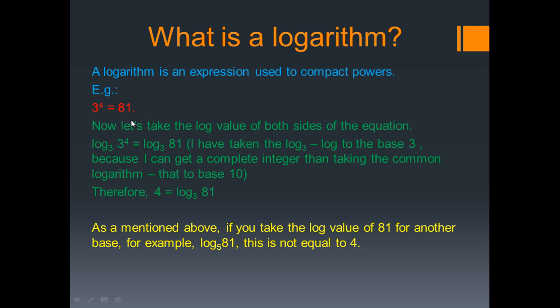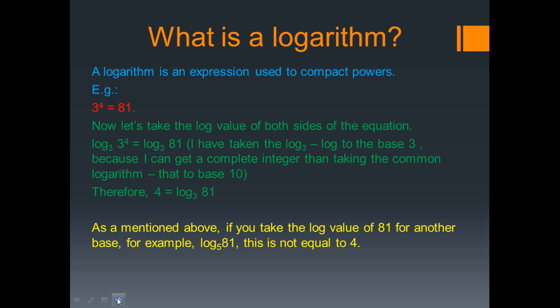So if you have some power a to the power b is equal to c, you should be able to take log from both sides and say that b is equal to log c to base a. Now for another example, if you take log 81 to base 5, it is not equal to 4, because according to the rules of logarithms this one is not a perfect number.